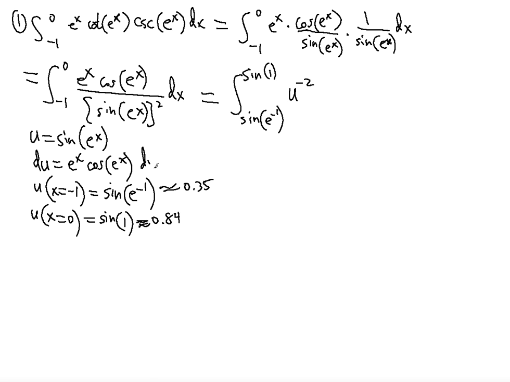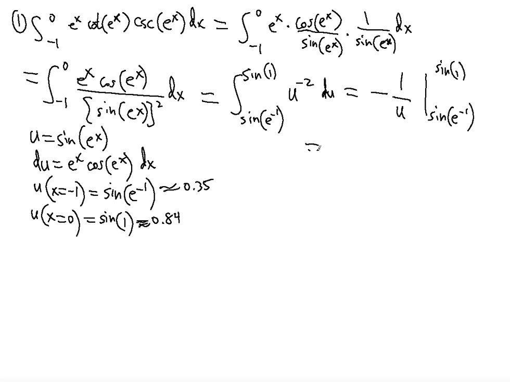So e to the x cosine e to the x dx is already there for you, so it's just du, right? So now we're going to have -1 over u, the antiderivative integrated from sine e to the -1 to sine of 1.